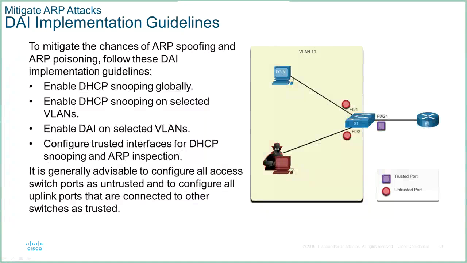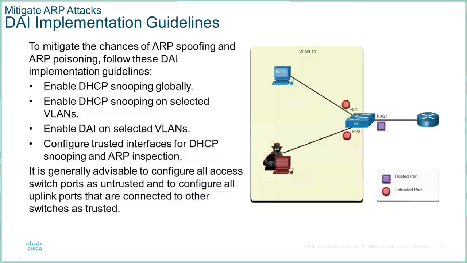Here we have our trusted port being the router. The router is going to be our DHCP server or our helper. Basically, to get to the DHCP server, we're going via the router in this instance, whether the router itself is our server or it's a pass-through with the helper command.